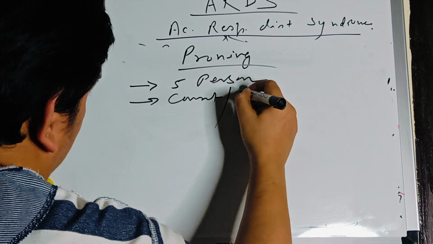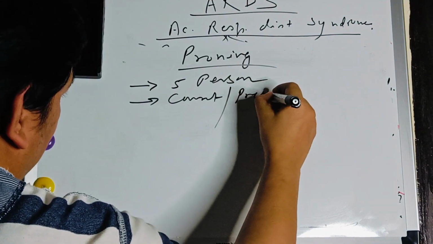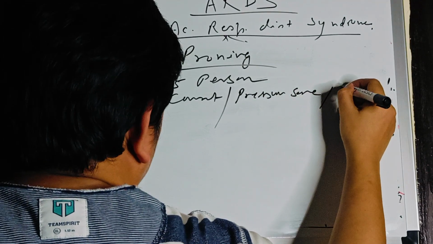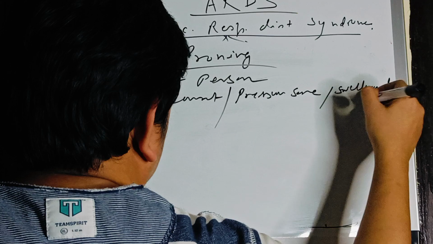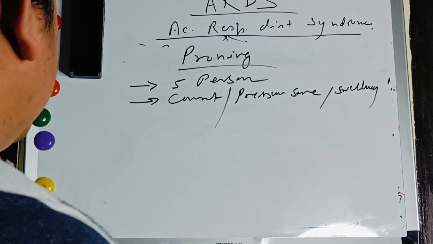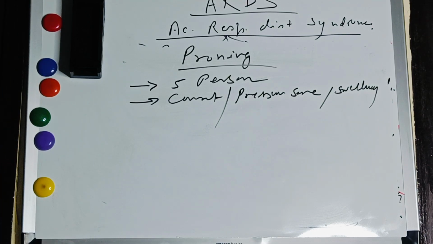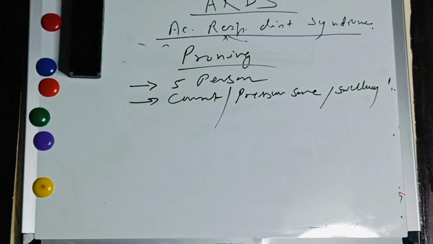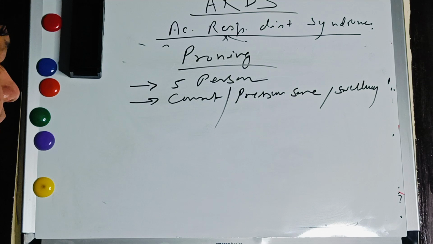The side effects are pressure sores, edema, swelling of the face and eyes, trauma of the eye, or trauma due to positioning, and sometimes disconnection of the endotracheal tube from the ventilator.